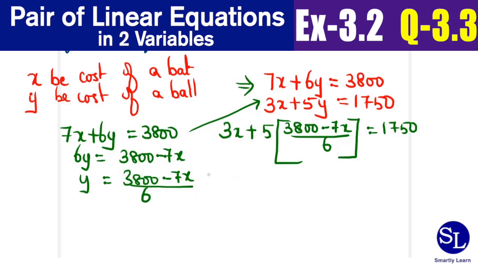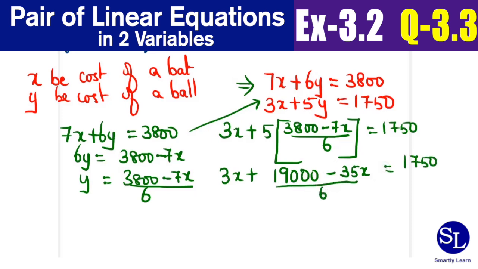This is 3x plus 5 into 3,800, which is going to be 19,000, minus 35x, divided by 6, is equal to 1750.